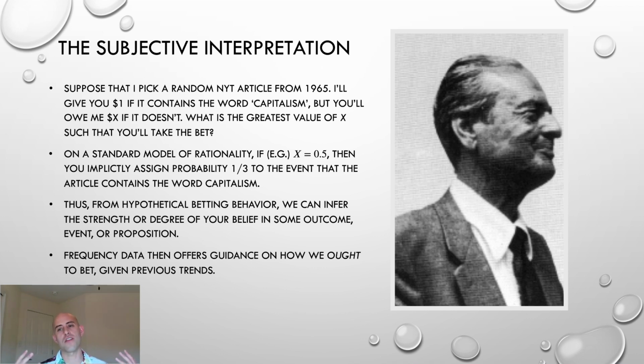So if you say, okay, the probability that a New York Times article written in 1934 contains capitalism is Y, then that's telling you something about how you ought to bet on a given article from that year containing the word capitalism, thereby also telling you something about what your strength or degree of belief ought to be in that event, right?